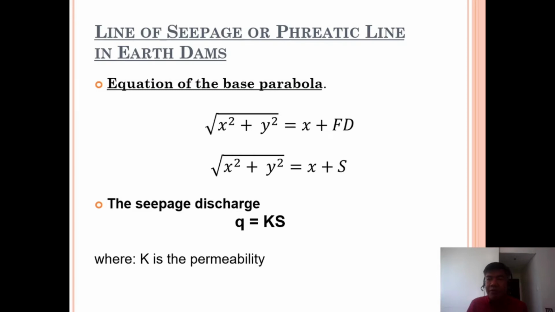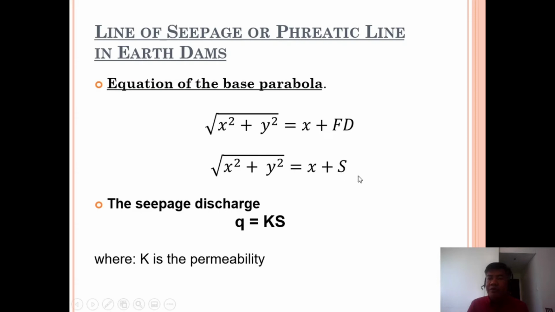If you remember, drawing the phreatic line, or the topmost seepage line, means drawing a parabola from a certain point to the point where the seepage will go out.